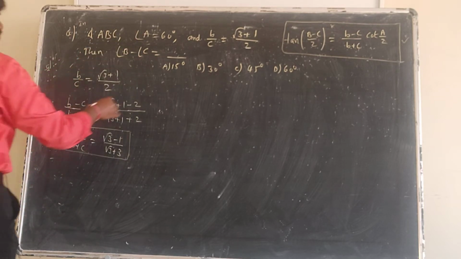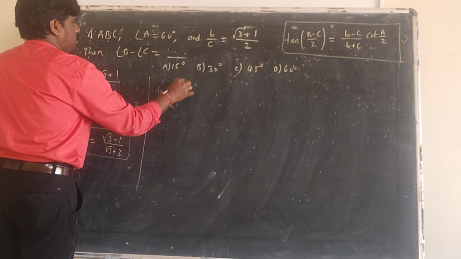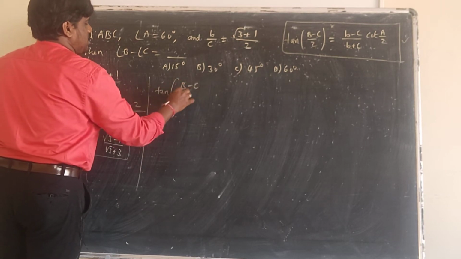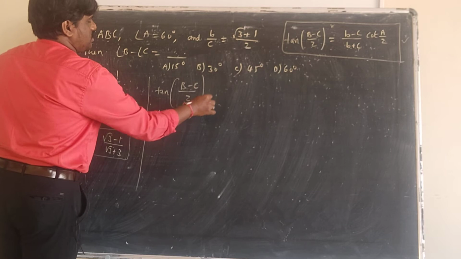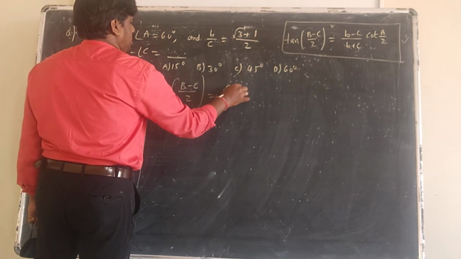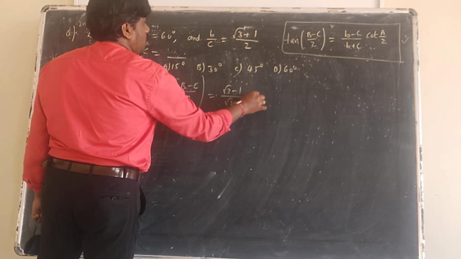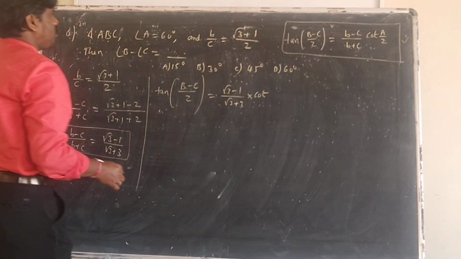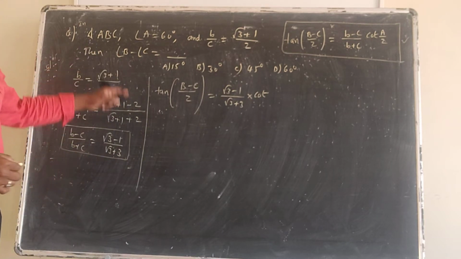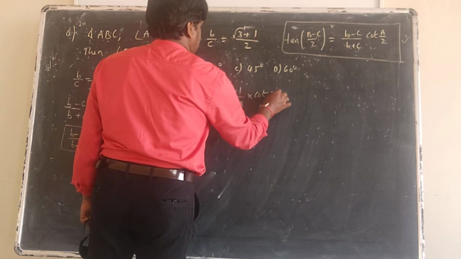According to the formula, tan of (B minus C) by 2 is equal to (b minus c) by (b plus c), that is (root 3 minus 1) by (root 3 plus 3), into cot of A by 2. Angle A is 60 degrees, so cot 60 by 2, that is cot 30 degrees.